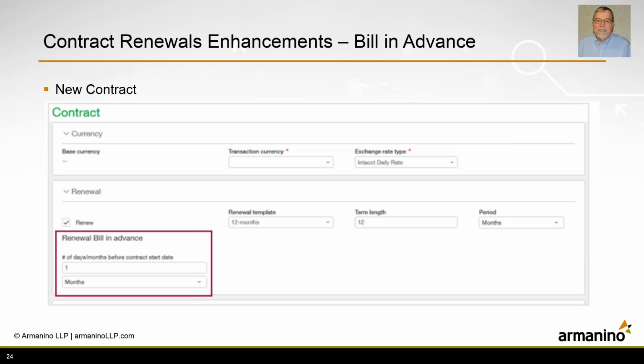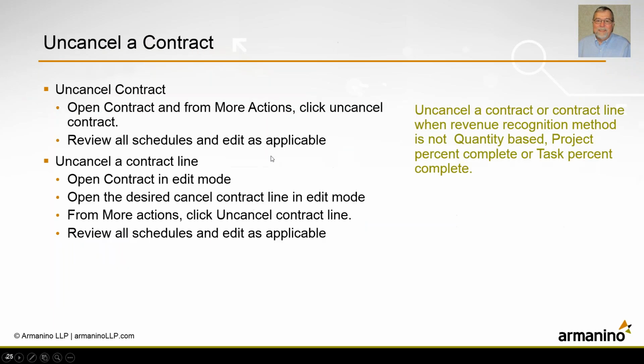Next, we want to talk about the ability to uncancel a contract. So for you golf fans out there, Intacct has given us a mulligan or a do-over. If you canceled a contract inadvertently, you now have the ability to go back and uncancel it.